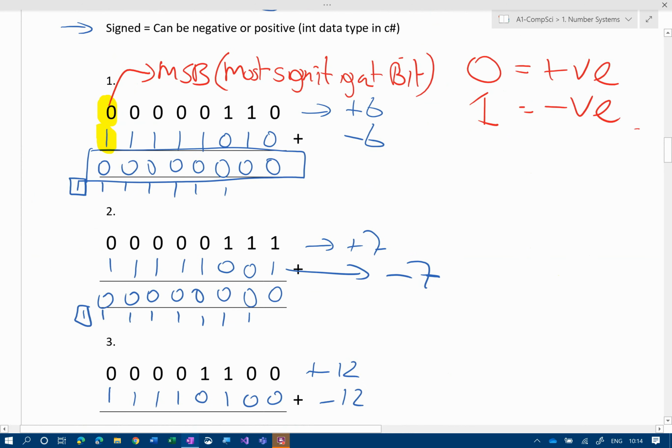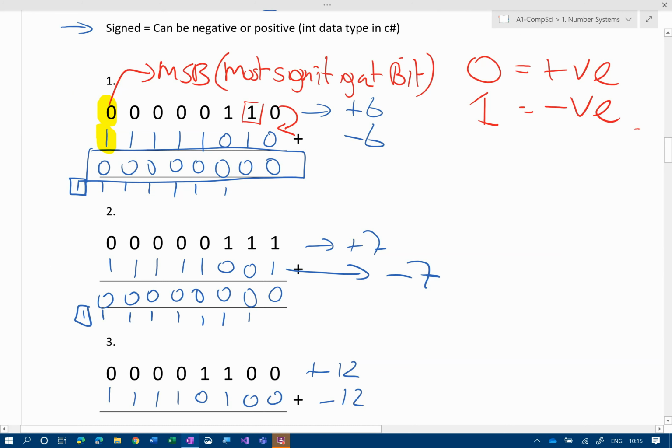Now, if I'm given a number like this -6 here, how do I work it out? How did I get from there to there? The method is to find the rightmost one bit, which in this case is that one there.